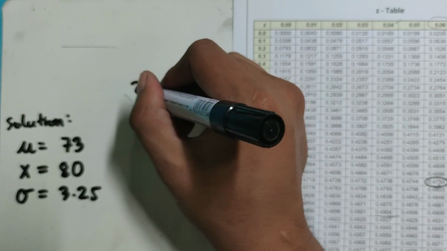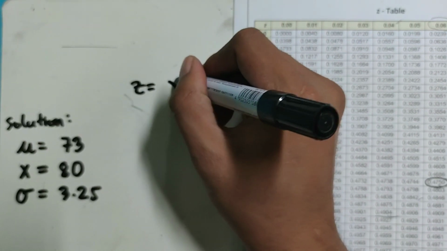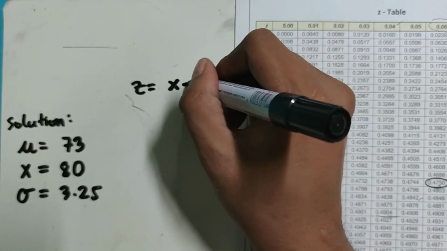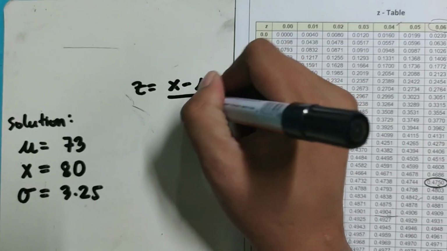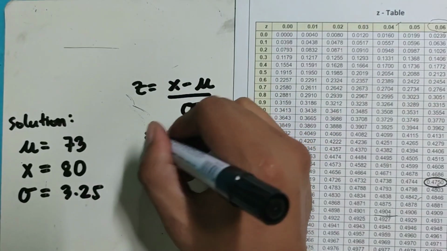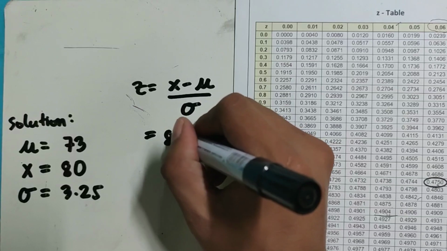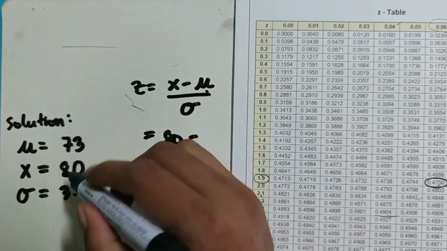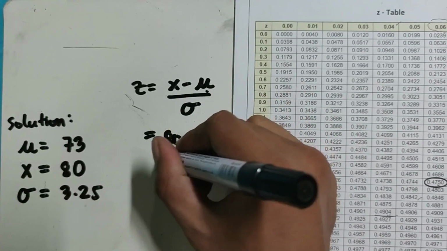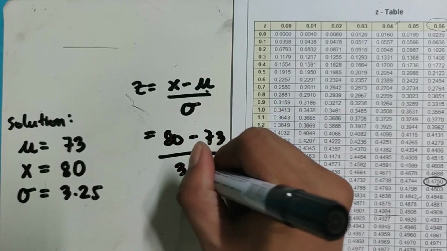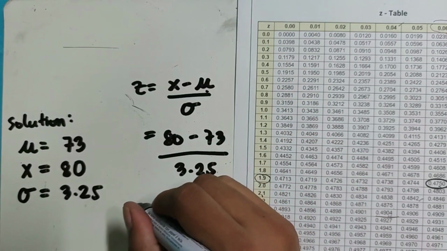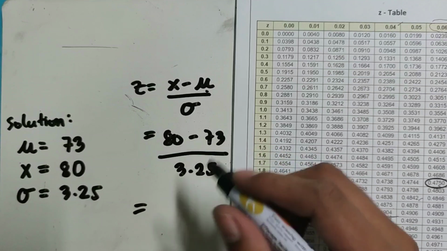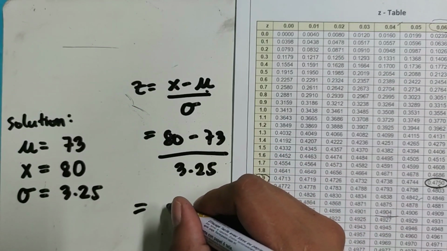So the formula is Z is equal to X minus mu all over standard deviation, in which our X is 80, while our mu is 73 over standard deviation, which is 3.25. So 80 minus 73, the result is 7.